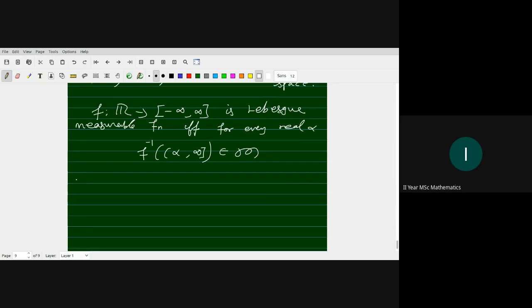Now the results on this: first result, every continuous function is measurable.